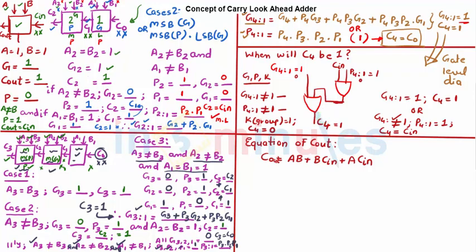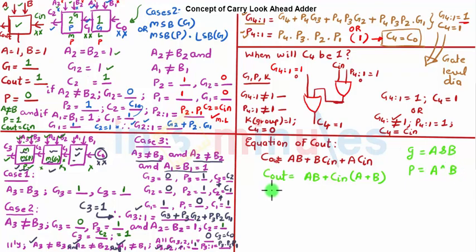Now let's understand how we get the same carry look ahead principle using the equations of Cout. Let's quickly do that. See, Cout is equal to AB plus BC plus AC, which is nothing but Cout equal to AB plus Cin into (A plus B). Now we know that generate is nothing but A and B, and we also know that propagate is equal to A XOR B. Now just look here and see what I'm going to do.